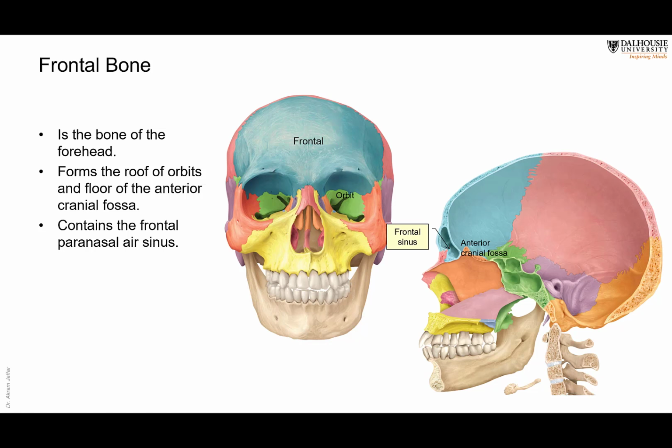Remember the respiratory epithelium, the pseudostratified columnar ciliated epithelium, and it is connected to the nose. So it's an air sinus connected to the nose, and it is one of what we call paranasal sinuses, because there are many surrounding the nose. If this sinus gets inflamed, you will get pain in the forehead because it is located inside the bone.